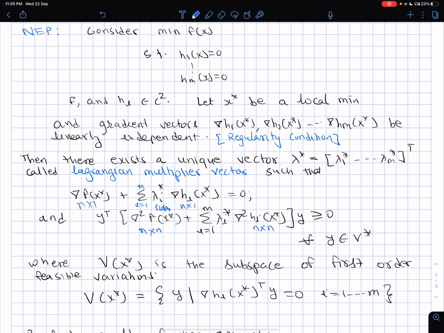These are all n cross n Hessian matrices, so the whole summation is an n cross n Hessian matrix. So y is an n cross 1 vector, and y transpose is a 1 cross n vector.